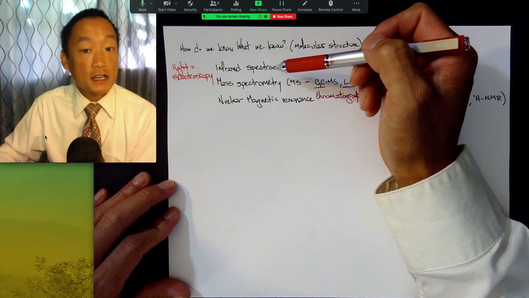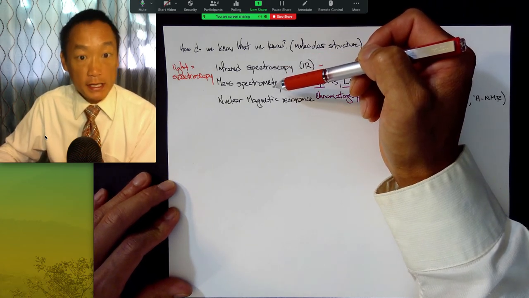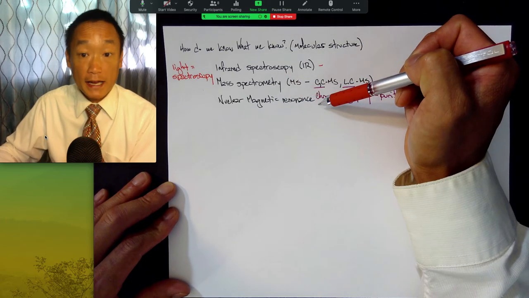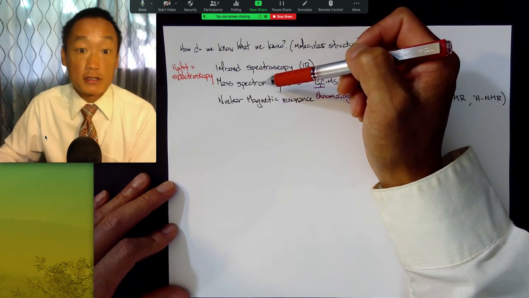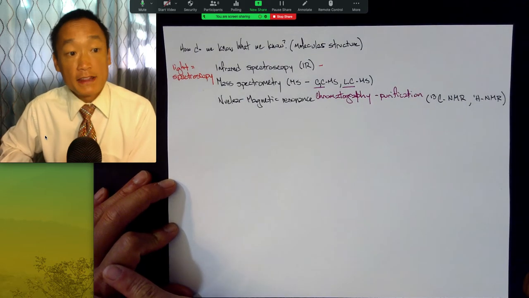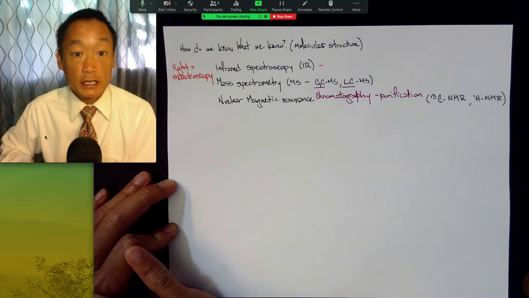But if it doesn't deal with light, then it's called spectrometry. And so that's why you see spectroscopy for these two. It's implied here. And spectrometry for this one. The nomenclature matters. Spectroscopy infers that there is some wavelength of light. And that definition of light extends beyond visible light and can include any sort of radio waves or anything.